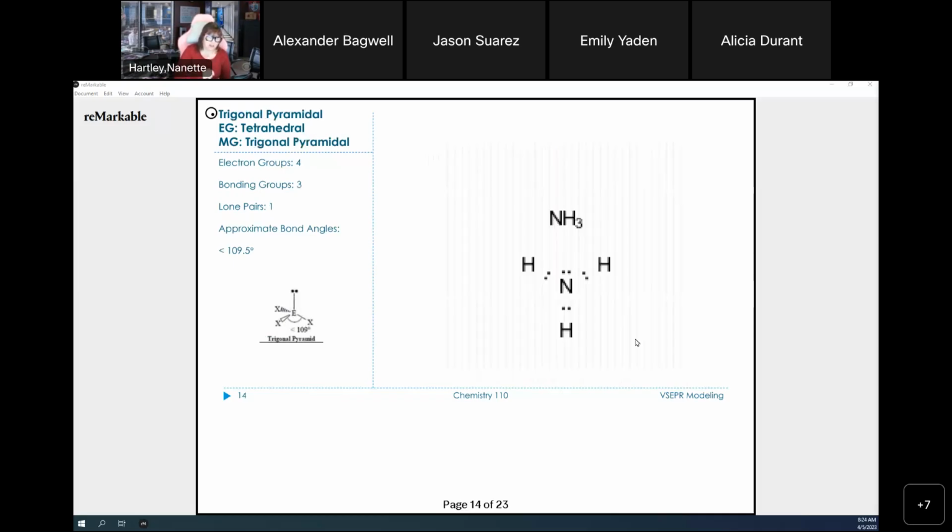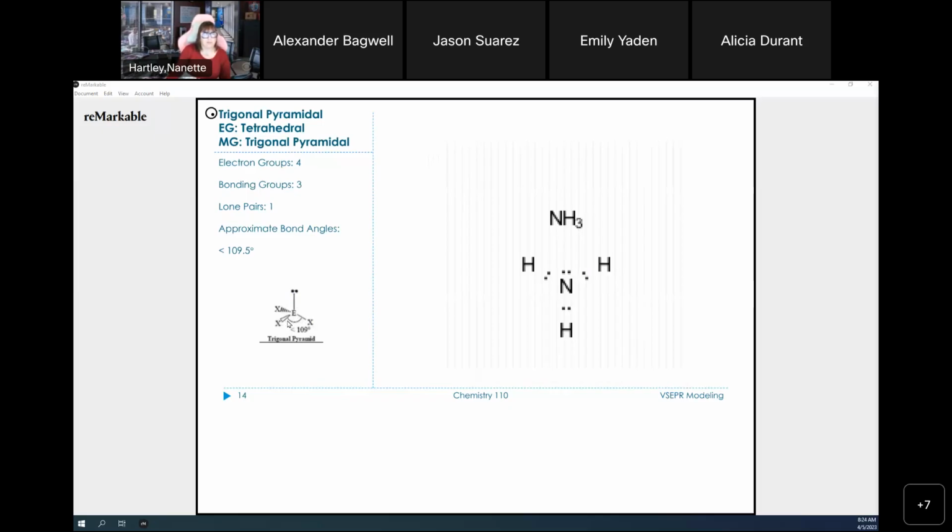If one of those is a non-bonding group, like on an NH3 where I have a lone pair up here, then we're going to be talking about a slightly different molecular geometry, and that's called trigonal pyramidal, because it's not flat, it's still tented, okay? And so it's trigonal pyramidal, right? And that lone pair is sticking up here by itself.